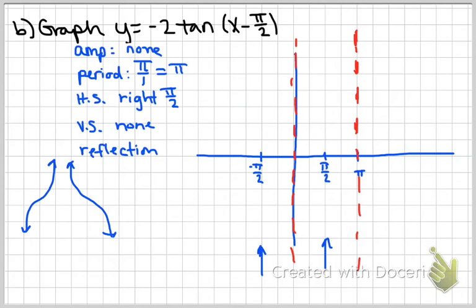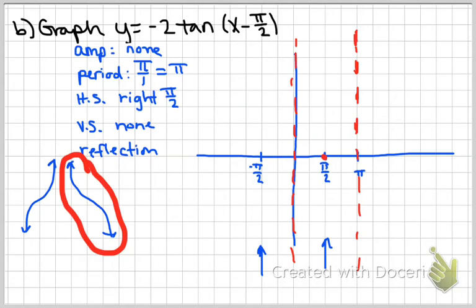And now I just graph it like I did my tangent function before. So I find halfway between those two asymptotes, which in this case is going to be at pi over 2. So I have a dot there. Now, like I said, our graph is going to look like this graph here, meaning that when I find the halfway between the first asymptote and that center point, instead of going down like I would have with the original, because it is a reflection, I'm now going to go up.